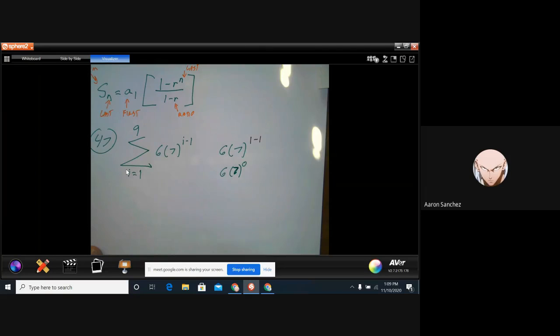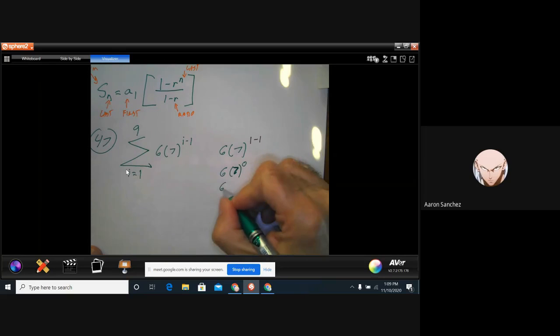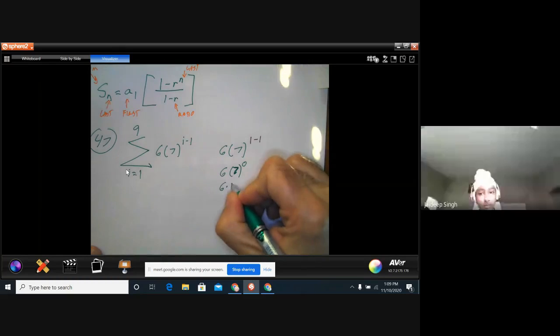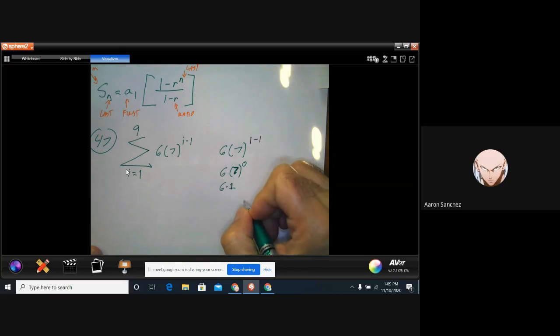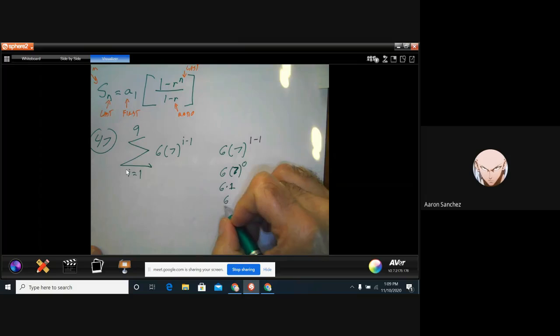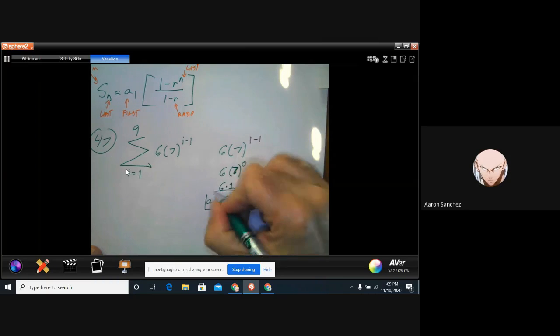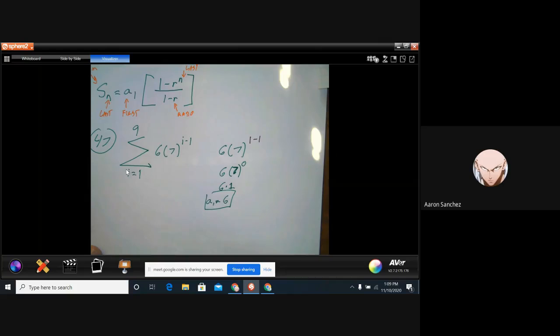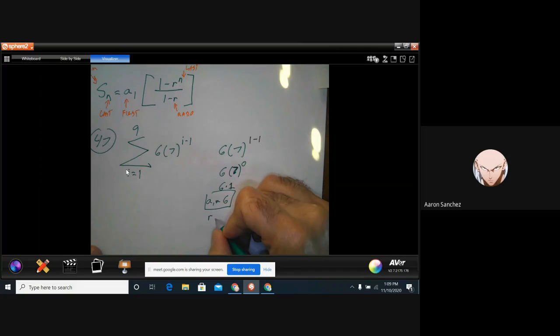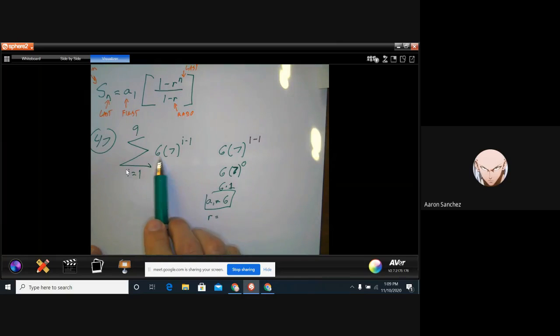What's anything to the 0 power? 1. 7 to the 0 power is 1. 6 times 1 is 6. So that is our first term, a to the 1. Now, what is our r? This is the first term, and this is the r. The r is 7.